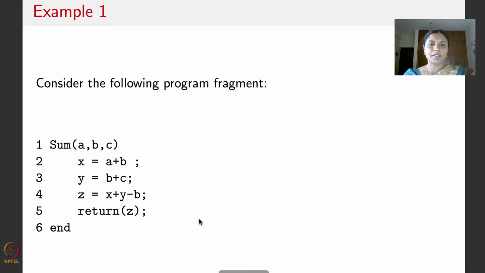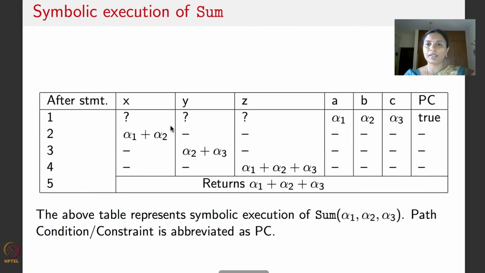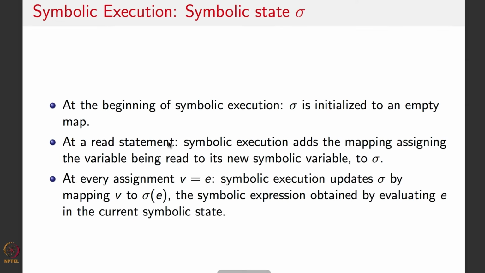There was this statement which can be thought of as a read statement. After statement 1, symbolic values are assigned. After statement 2, a symbolic expression is assigned. That's what I mean. At every read statement, symbolic execution adds the mapping assigning the variable being read to its symbolic variable. At every assignment statement, it adds a symbolic expression.